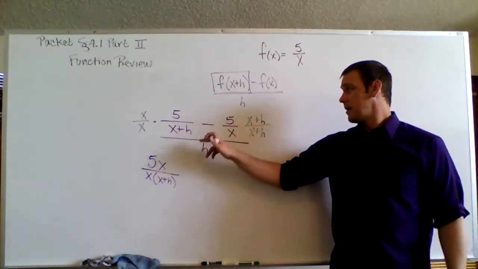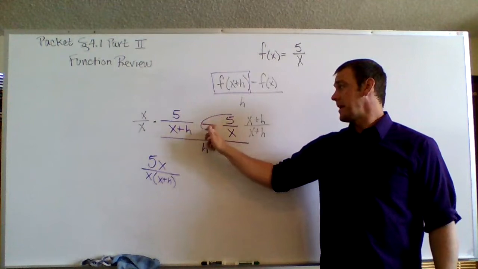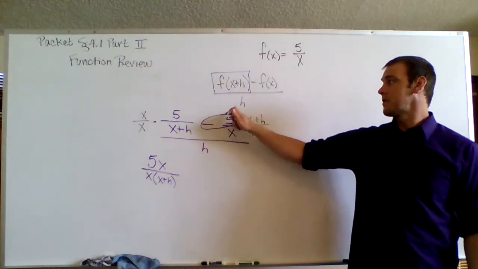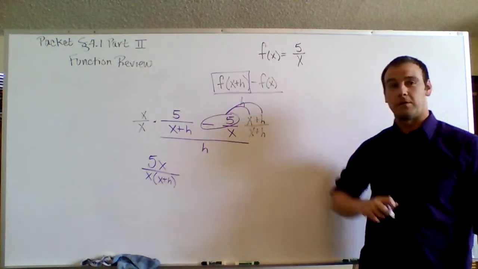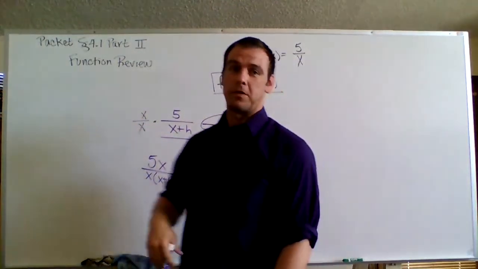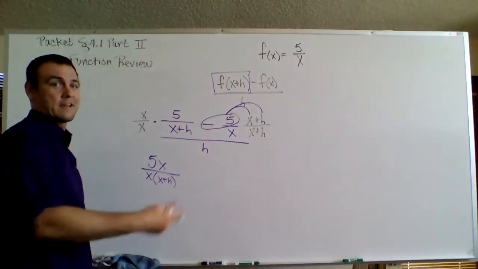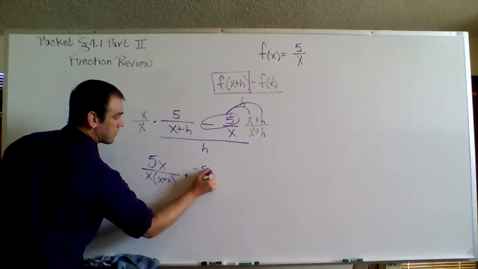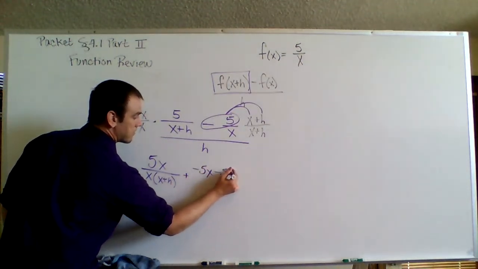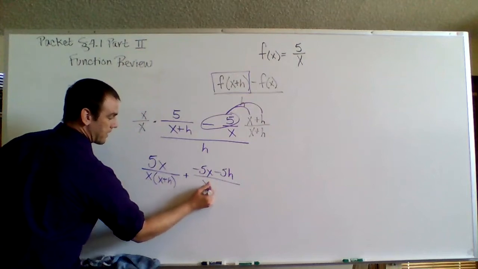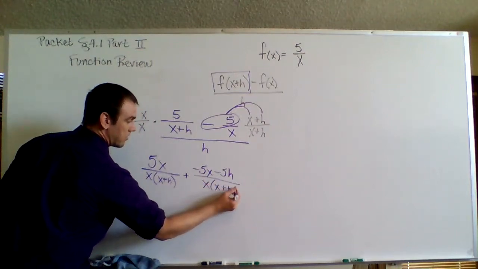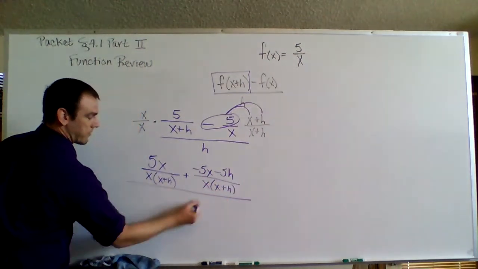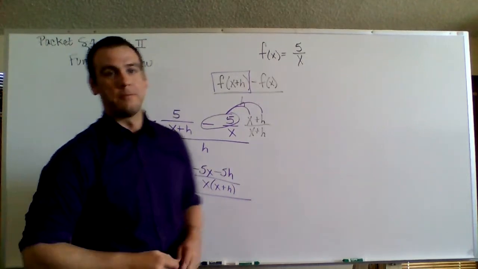Over here, one tricky thing is this is negative 5. I'm going to distribute that to everything on top here. So it's going to be negative 5x minus 5h, all divided by x times x plus h, which is then all divided by h.